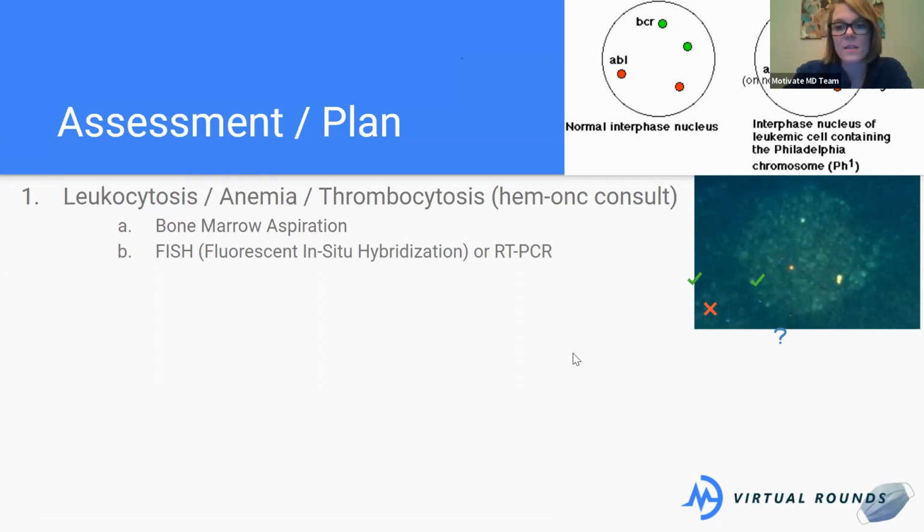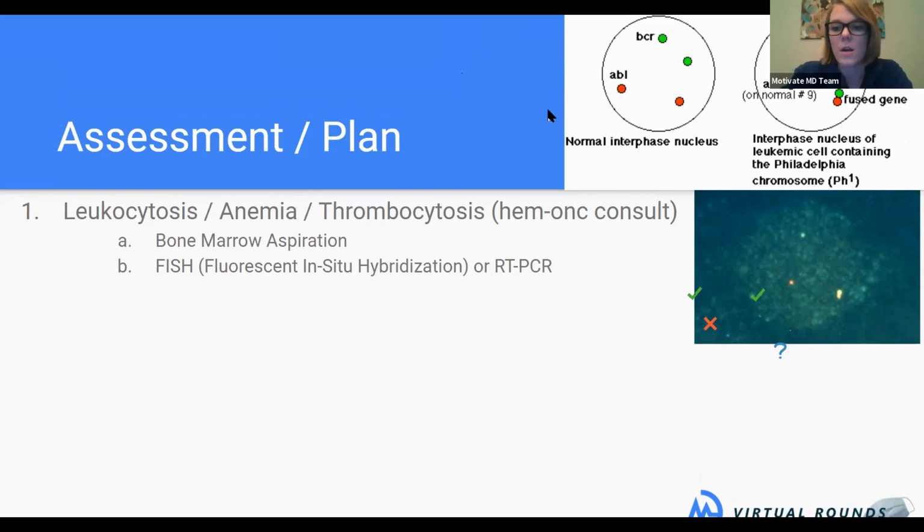So I'll tell you about it a little bit here. There's an image at the upper right-hand corner, and this demonstrates the concept of FISH. Basically, FISH is a fluorescent technique.